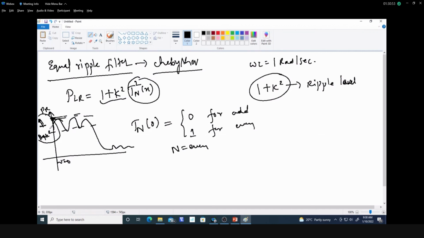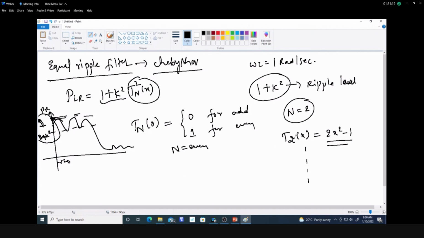Now we need to consider n equal to 2. If I take the even order n equal to 2, then this polynomial is T2 of x, which gives 2x square minus 1. This is a standard polynomial. T0 of x is 1, T1 of x equals x, T2 of x equals 2x square minus 1, and it goes on like that.